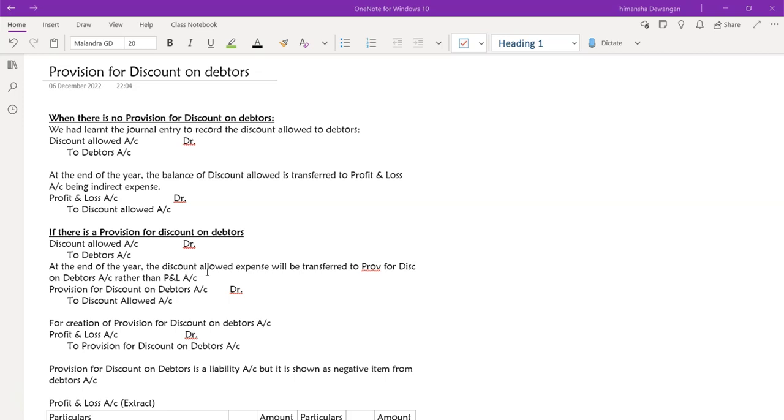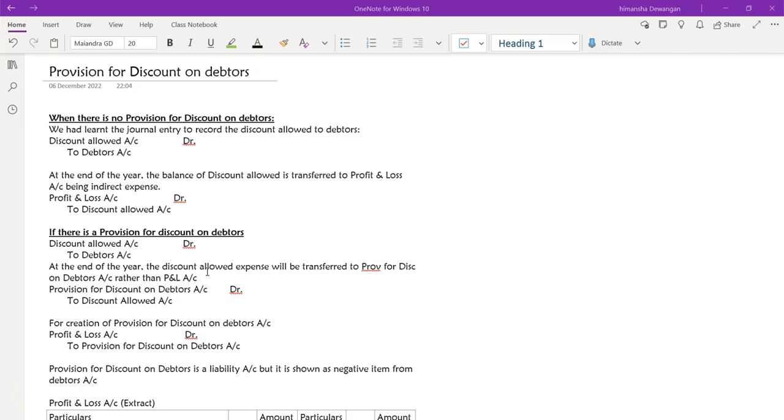Yes, ma'am. So you will have your debtors on your closing balances and you have to give the discount. You already know the basic structure of your business, how many of your debtors usually avail the discount.